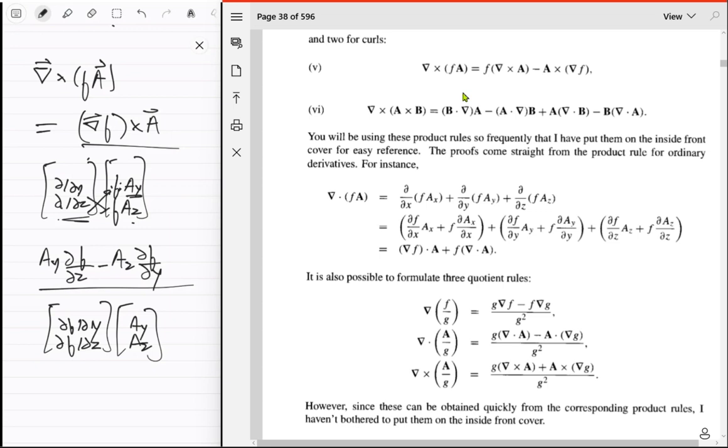So that proves that this is in fact equal to that whenever A is a constant, and basically this happens. I guess that makes sense. So, sure, it does. Yes, I think that's right.